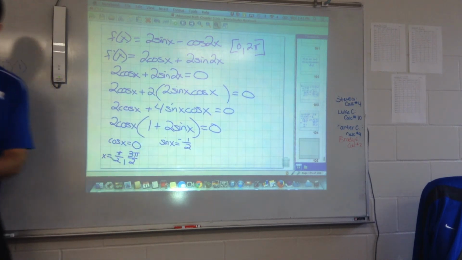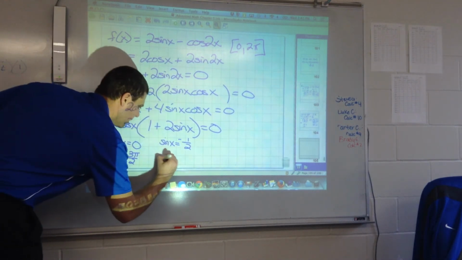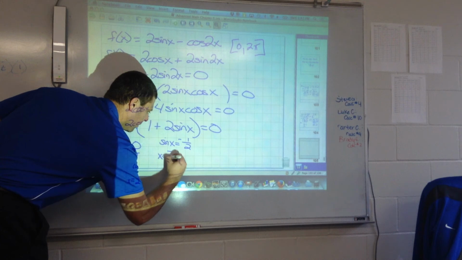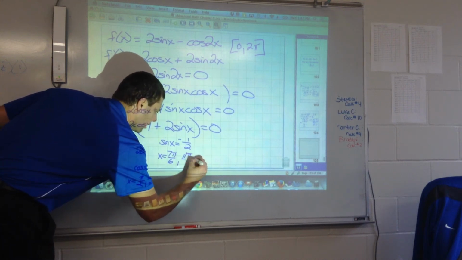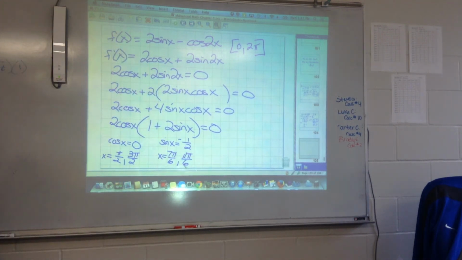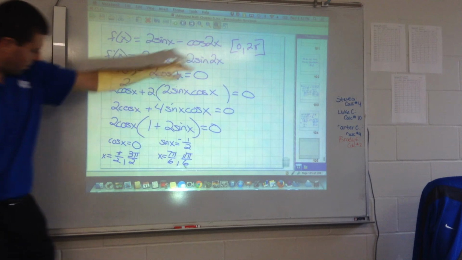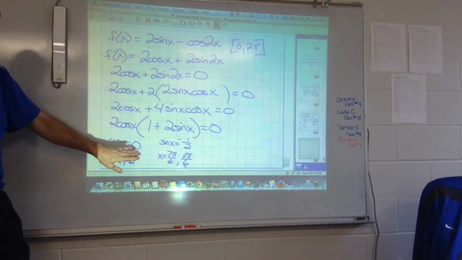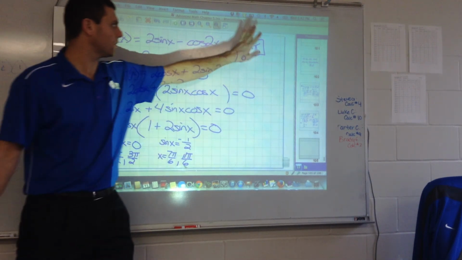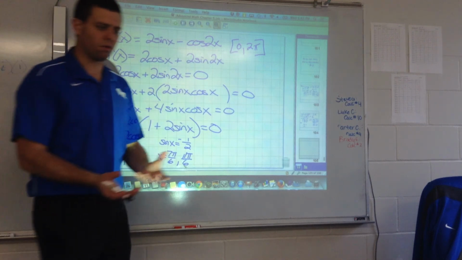When is sine equal to negative 1/2? We did that earlier today. 7 pi over 6, 11 pi over 6. So this one's pretty fun here. You'd have to plug in 0, pi over 2, 3 pi over 2, 7 pi over 6, 11 pi over 6, and 2 pi. See what all those values are.